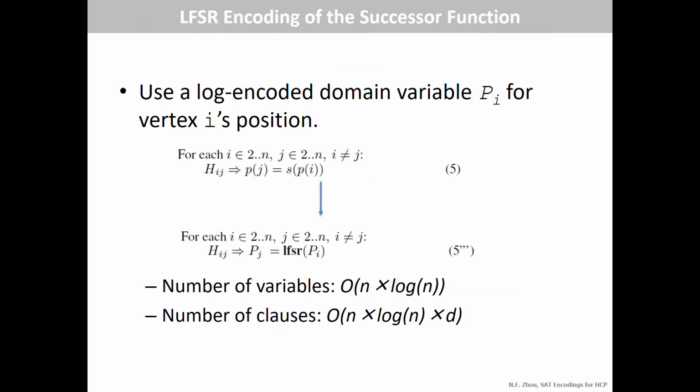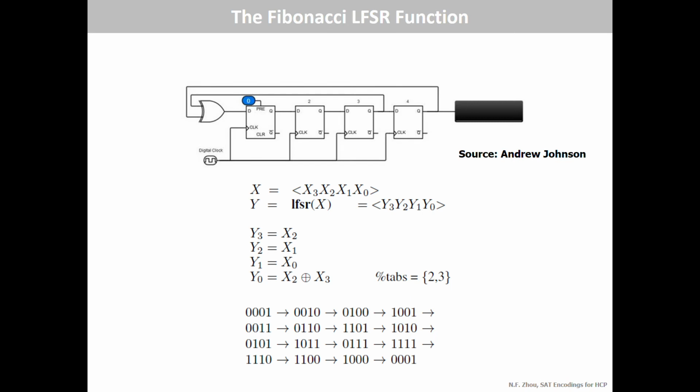This LFSR encoding is very similar, except that it uses a special circuit to generate the next position. Given a binary string, it generates the next position. Let's consider a 4-bit circuit, and it does a shift.